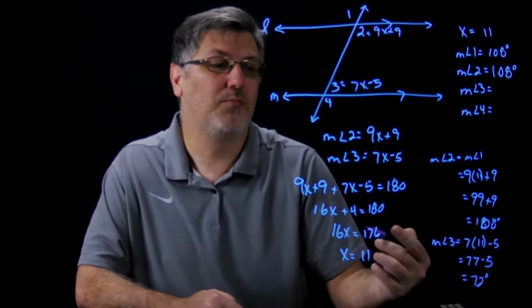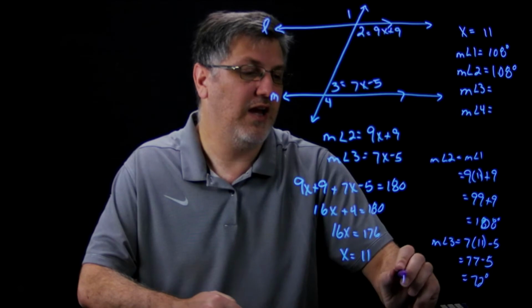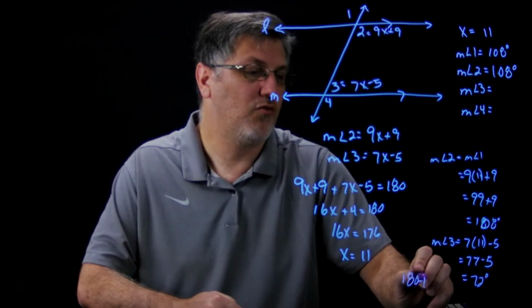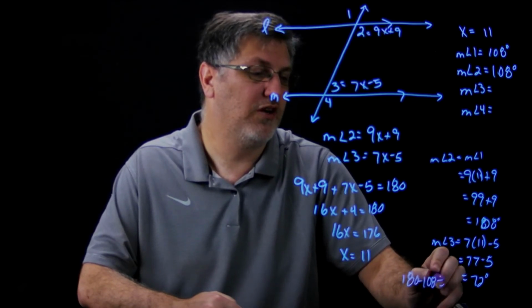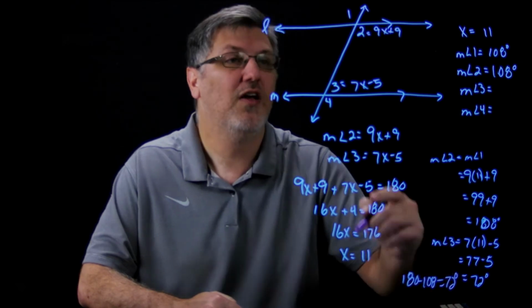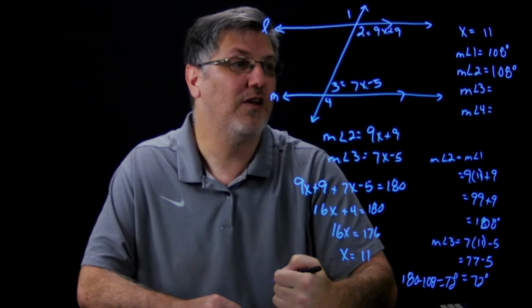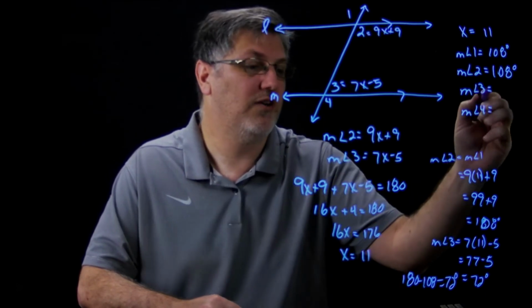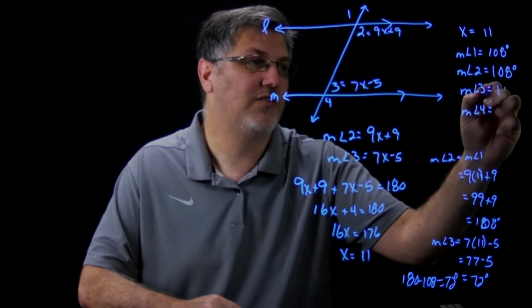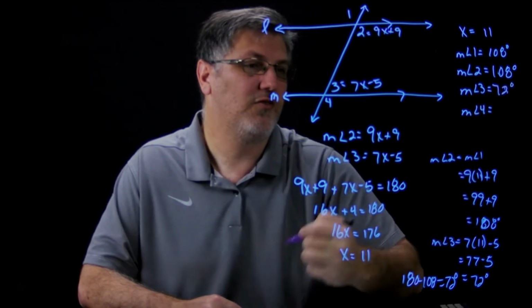Or I could have just simply done 180 minus 108, which also gives me 72 degrees, because we know that these two have to add up to be 180. You didn't actually have to plug the 11 in. So the measure of angle 3 is 72 degrees.